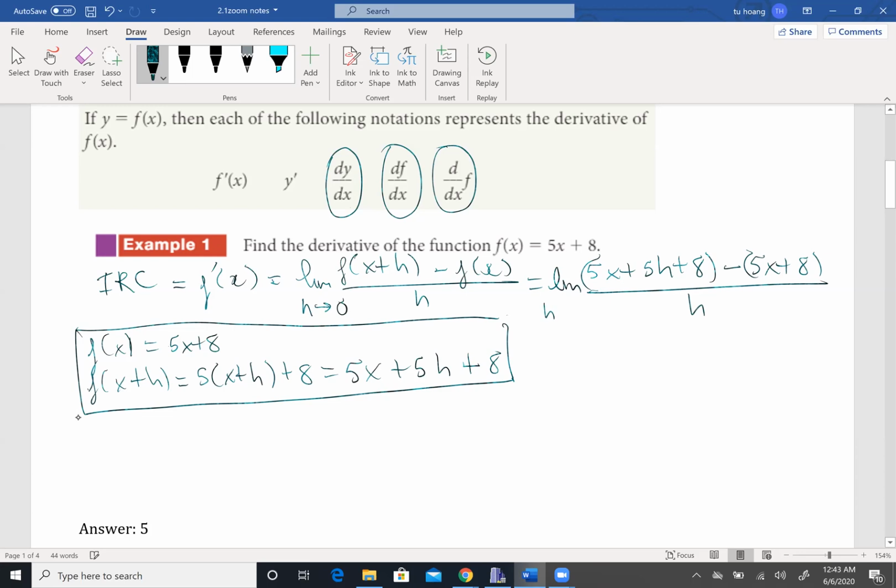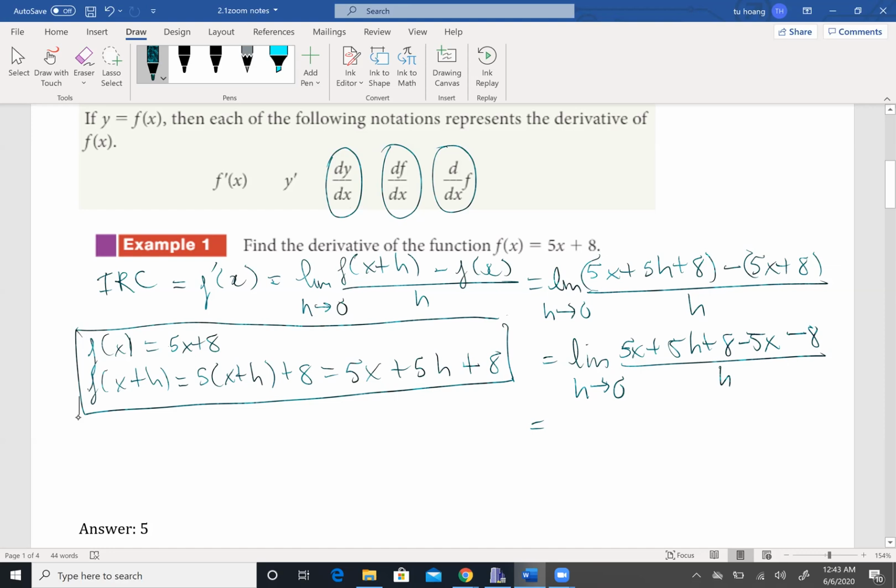Over h, for h going to 0. And then I can simplify the top, and it becomes the limit of 5x plus 5h plus 8 minus 5x minus 8, divided by h, as h goes to 0.